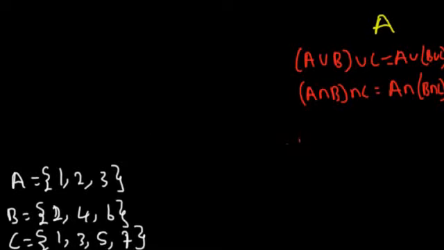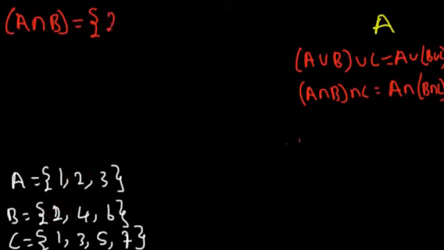For the second case, we said (A intersect B) intersect C is equal to A intersect (B intersect C). So A intersect B is equal to what? What is the common element between A and B? I think it's 2. Only 2 is the common element.